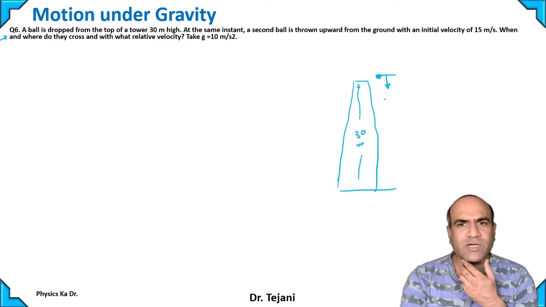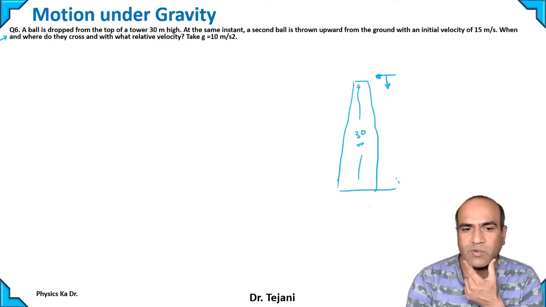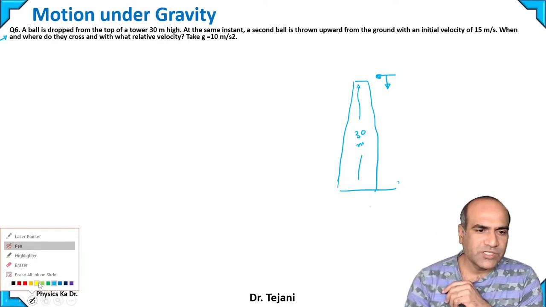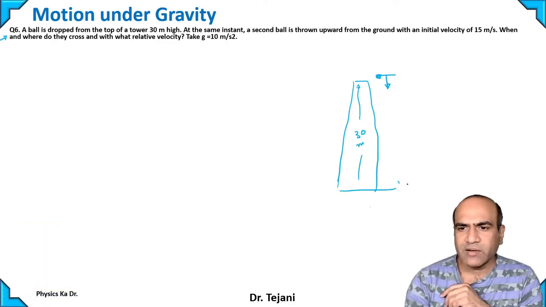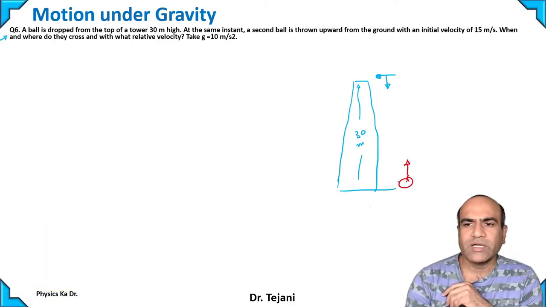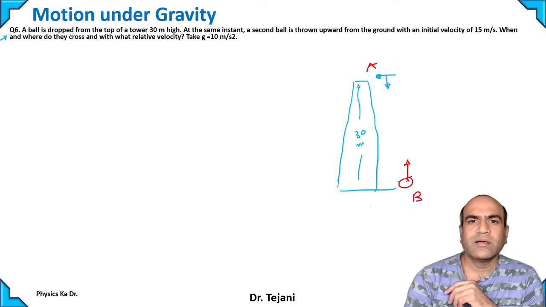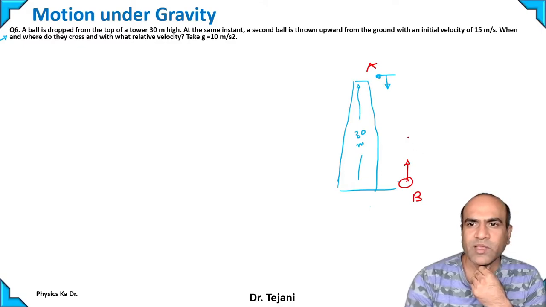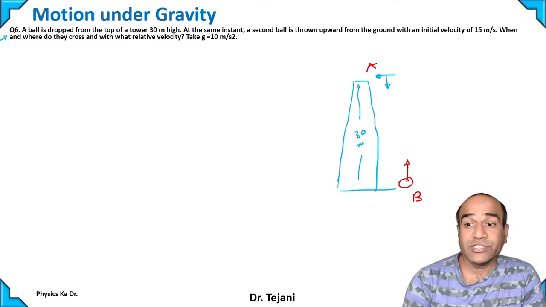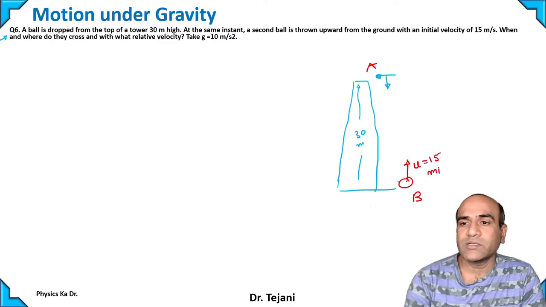At the same instant, another ball is thrown vertically. Let's give the name of this ball A. This ball is B, thrown upward from the ground with an initial velocity u given as 15 meter per second.